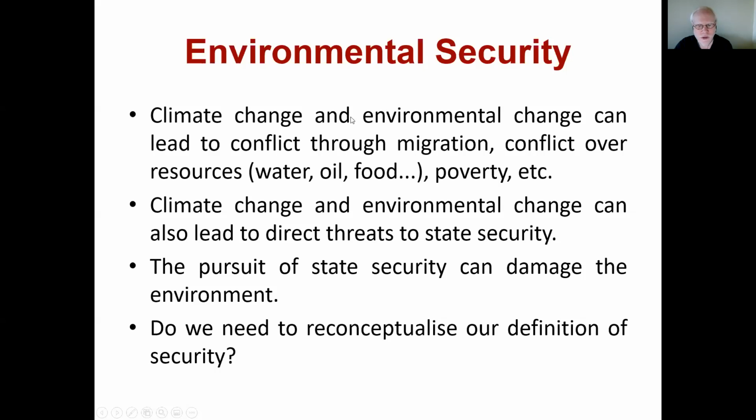It's not that environmental change directly produces conflict, but it indirectly does it through things like migration, conflict over resources, and poverty, say, leading to grievances. But it also can have direct threats to state security, things involving catastrophic storms, drought, stuff like that, natural disasters that aren't directly military threats to state security, but can do massive damage to a state.